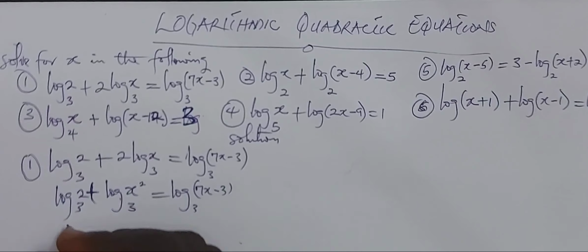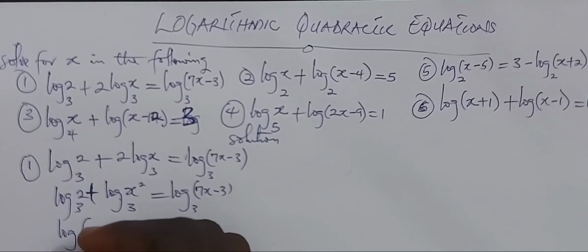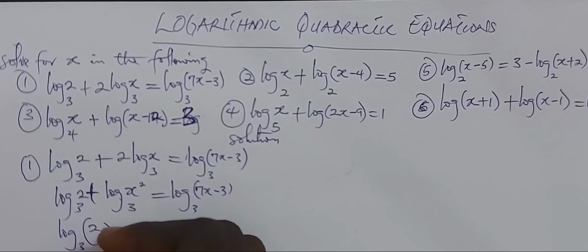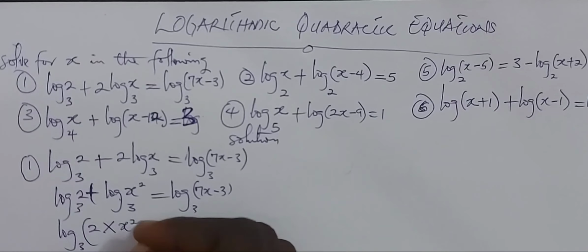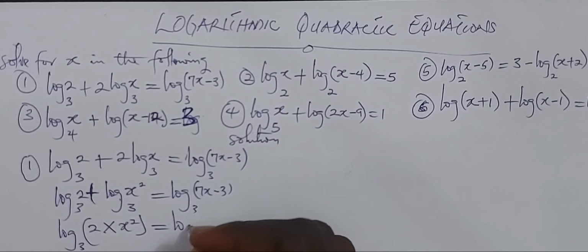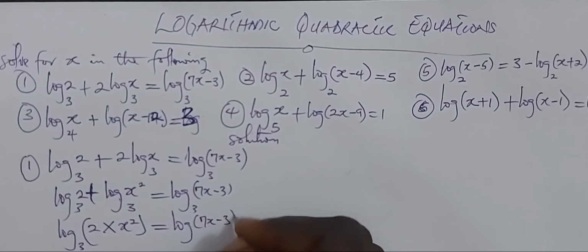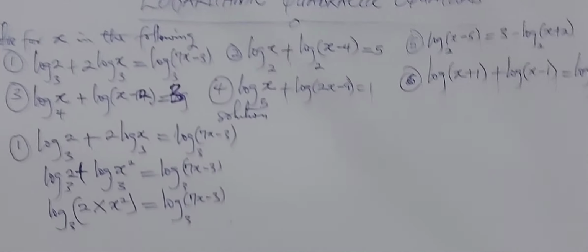So take one of the log 3 to base 3, which is 2 times x squared, equals log (7x minus 3) to base 3.